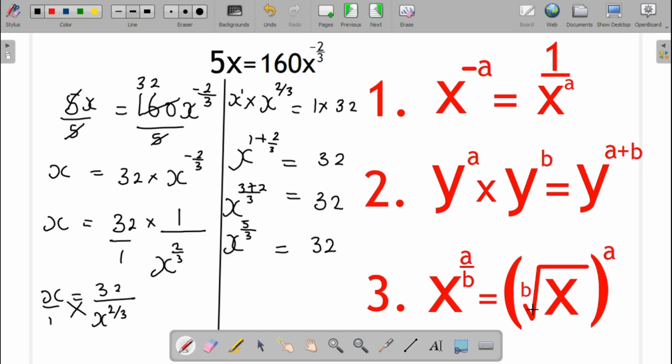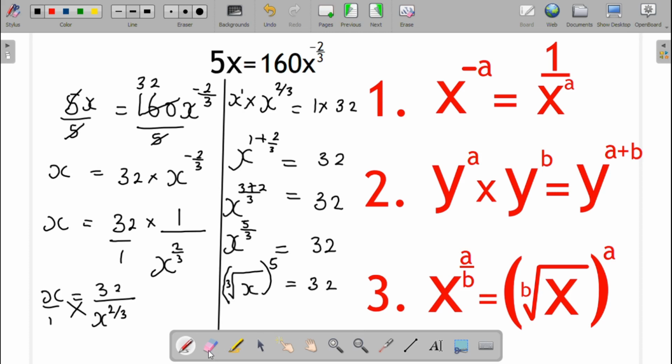Now, applying this principle to this question, we have 5 over 3. The 3 right here, which is our denominator, will be the cube root, of x, all raised to power 5, is equal to 32. Now, you have cube root x raised to power 5 is equal to 32, okay?